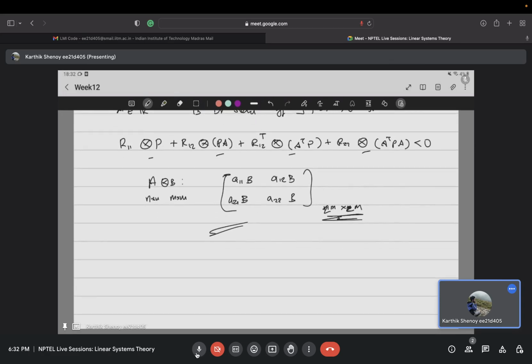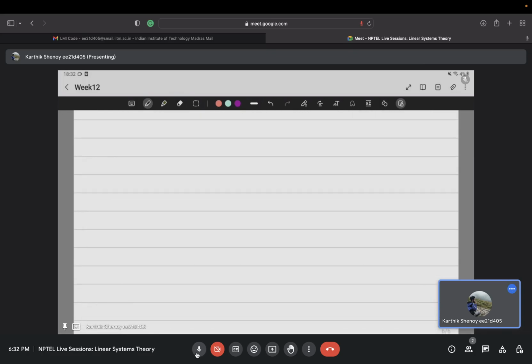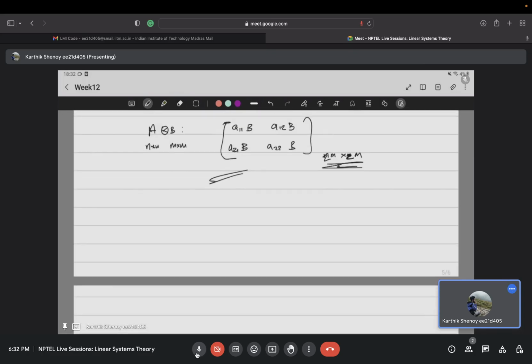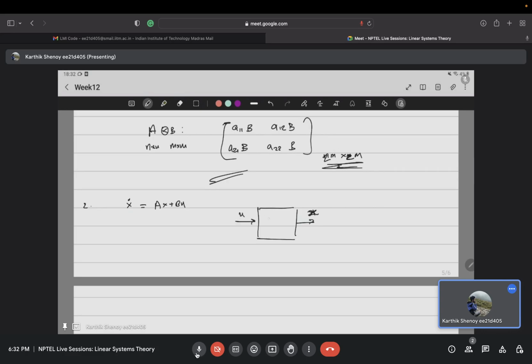And the next application is, let's say you have a system, x dot is Ax plus Bu. So, you have a system, you have all the states, and you have an input. This is my plant, and then I have a controller and some computational interface or some communication channel, for example.